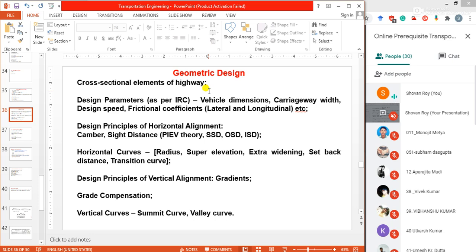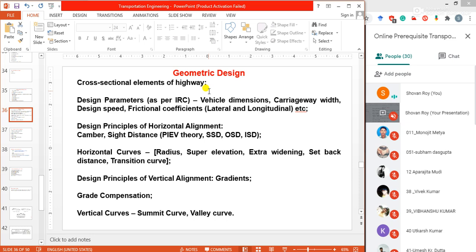So now, from the beginning we should study the simple things. We should start from the simple things like cross sectional elements of highway. As per the syllabus also, this is the first part under geometric design.